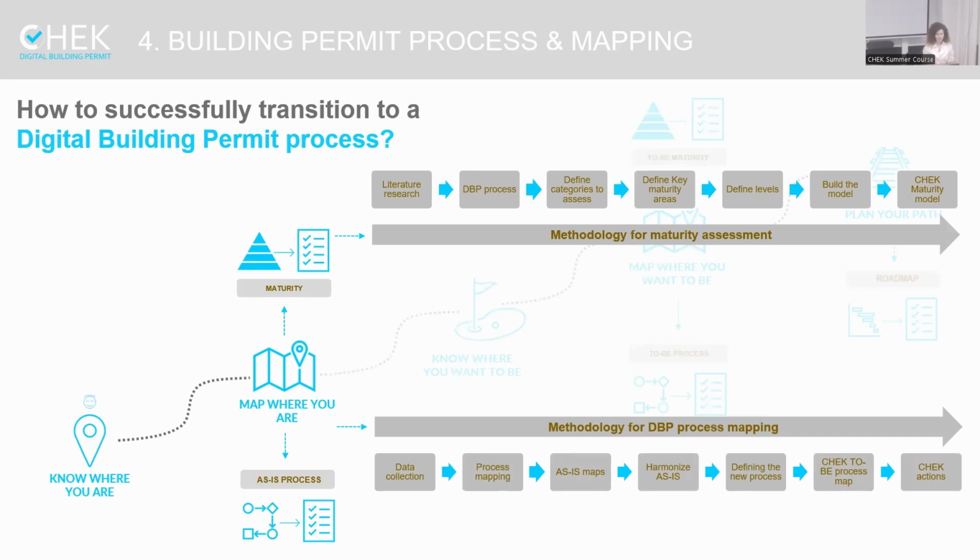So there is a wide variety of maturity models for assessing digital maturity, but there was not one specifically for assessing the building permit process. So yeah, we had to build first the methodology for process mapping, and then build the process maps, and then the methodology for maturity assessment and the maturity model.